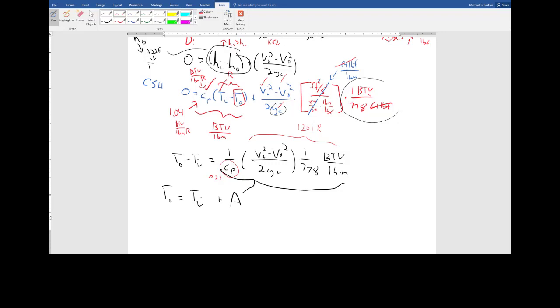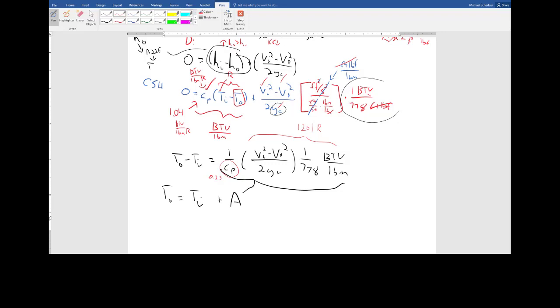Oh, I screwed something up. 1,000 squared minus 10 squared. If this was a test, I like to break different parts down when I'm doing it on paper, because I'm really good at putting stuff wrong into my calculator. Squared, divided by 2, divided by 32.2, divided by 778 is 20.